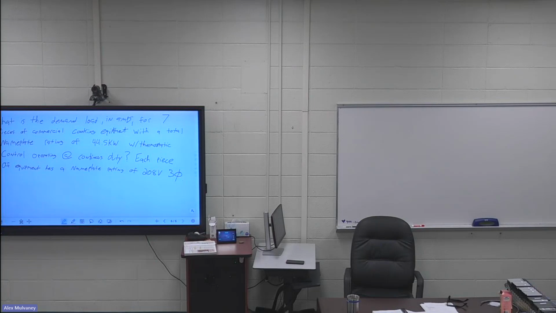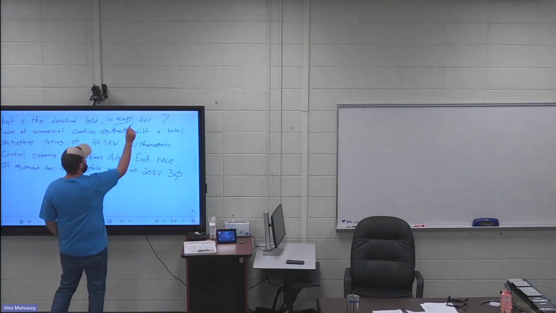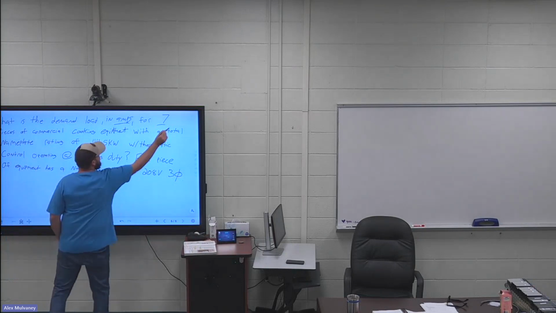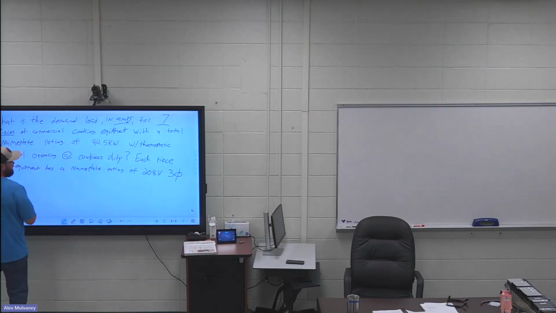All right. So if I'm just reading through this question, what's the first thing you'll notice? We're looking for the amps. What's the next thing you notice? It's 7 pieces of commercial cooking equipment.